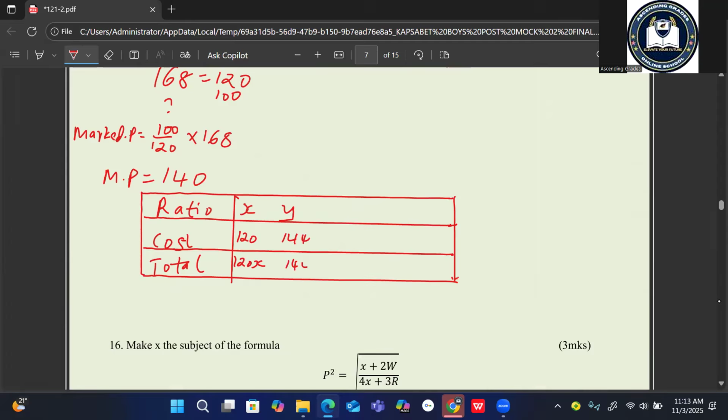This one becomes 144y. So the total is x plus y. So this one becomes 120x plus 144y.